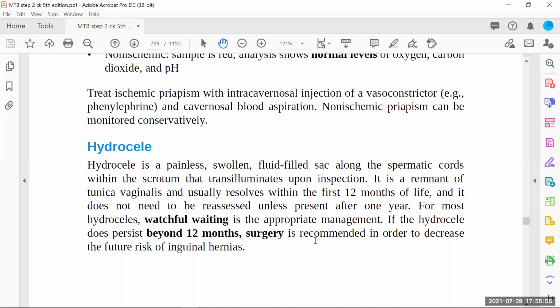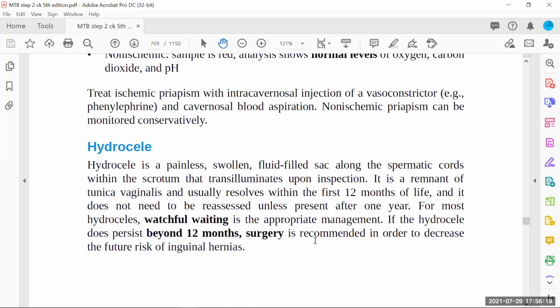So most of the time, when the baby is 1 year old, the hydrocele will dissolve by itself. You don't need to do anything. But if the baby is more than 1 year old and the hydrocele is still there, then you can think about surgery. You can easily remove it, because if you don't, in the future the baby may have chances to develop inguinal hernia.